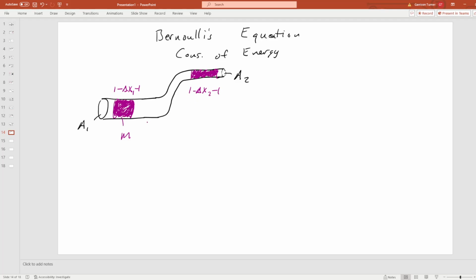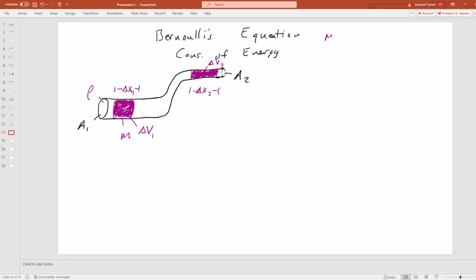Okay. And by the way, the fluid will all have density rho. And this piece of mass will have volume element delta V. And this one will also have delta V, but let's call this delta V1, this is delta V2.